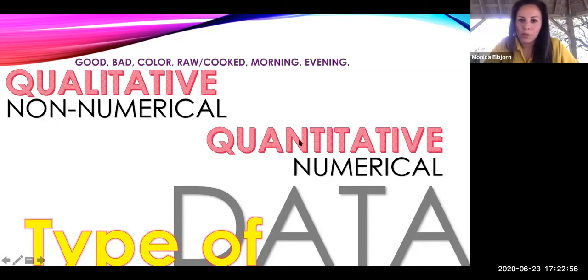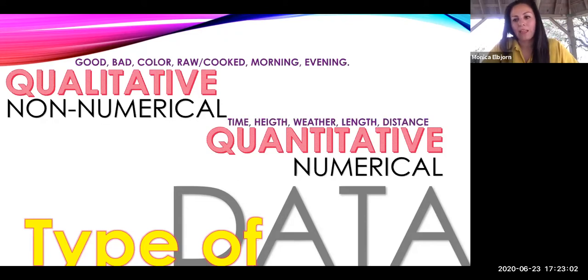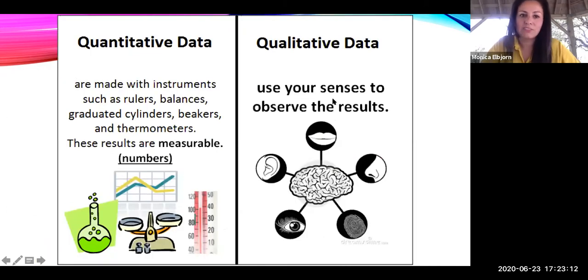And then quantitative is numeric. You could have a lot of numbers like time, height, weather, length, distance. Quantitative data is made with instruments such as rulers, a thermometer, calipers, a scale, so you can measure it.